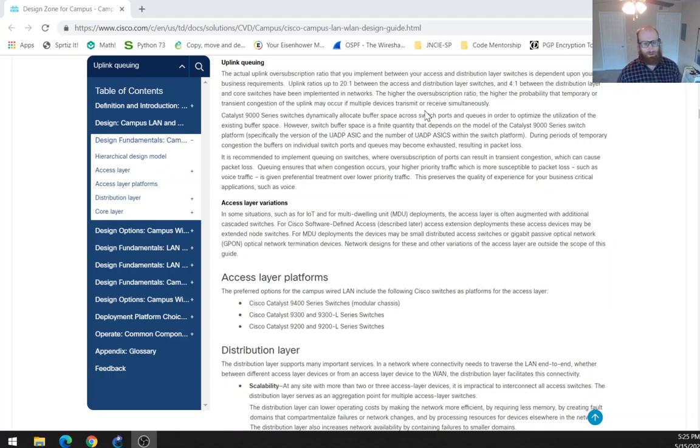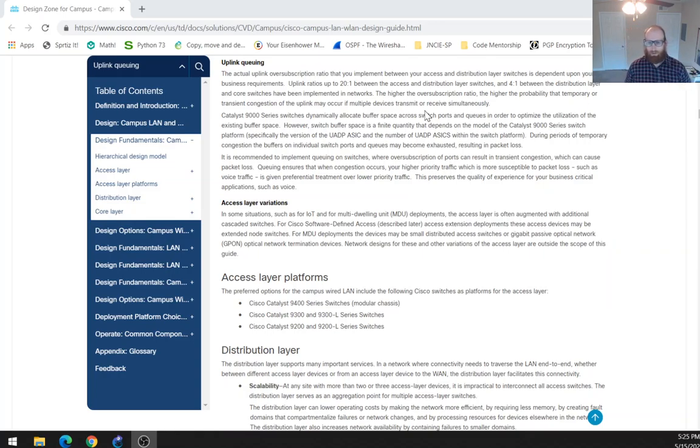Access layer variations. In some situations, such as for IoT and for multi-dwelling unit (MDU) deployments, the access layer is often augmented with additional cascaded switches. For Cisco software-defined access, described later, access extension deployments, these access devices may be extended node switches.